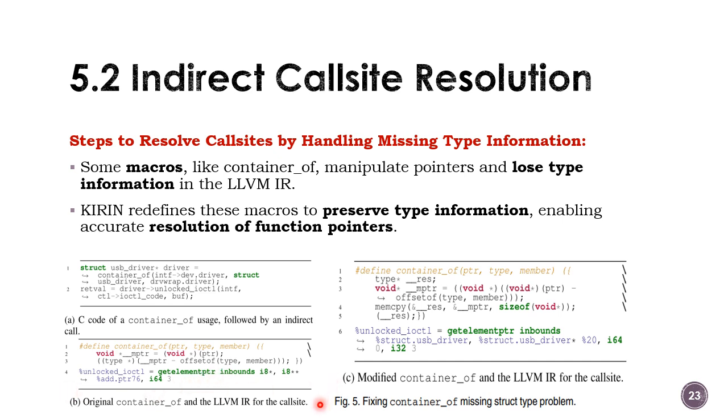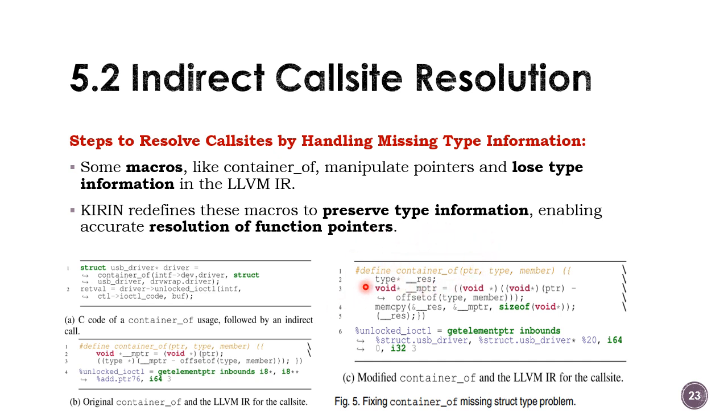So in Kirin, when it comes to this kind of macro usage problem, it uses methods to redefine the macros to preserve type information and resolution of the function pointers. For image C, we can see that the definition of the container of macro is changed.